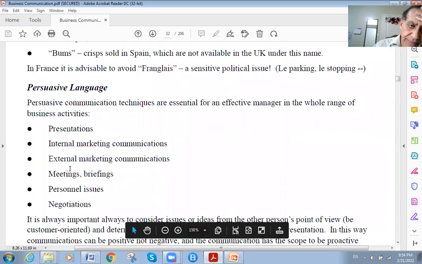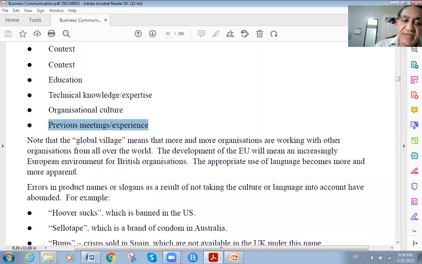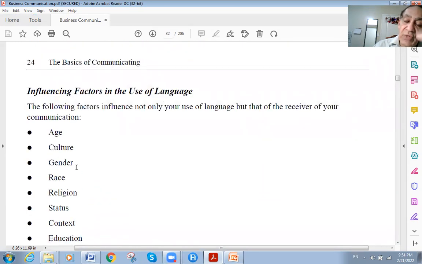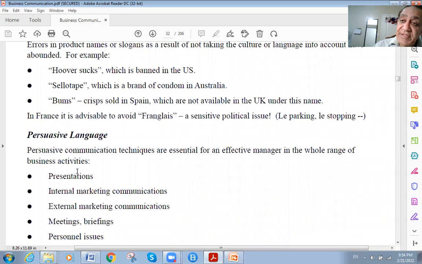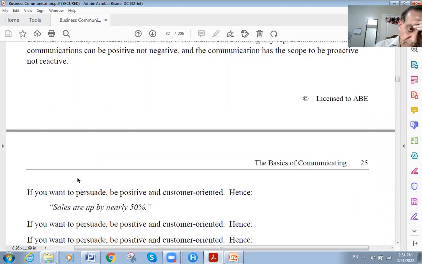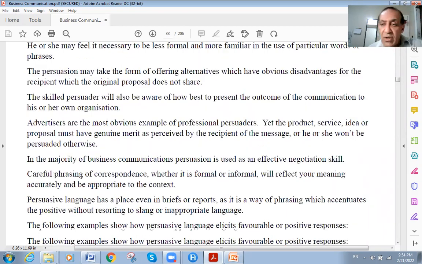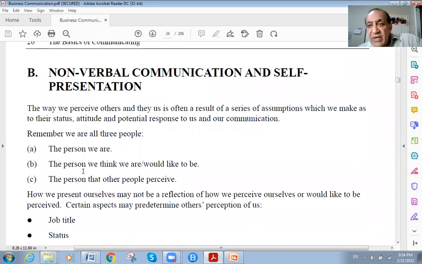Those are all very important for you to use the language effectively, or rather those are the factors that affect the use of language in communication. Those were some examples and guidelines on how to use the language effectively in communicating.